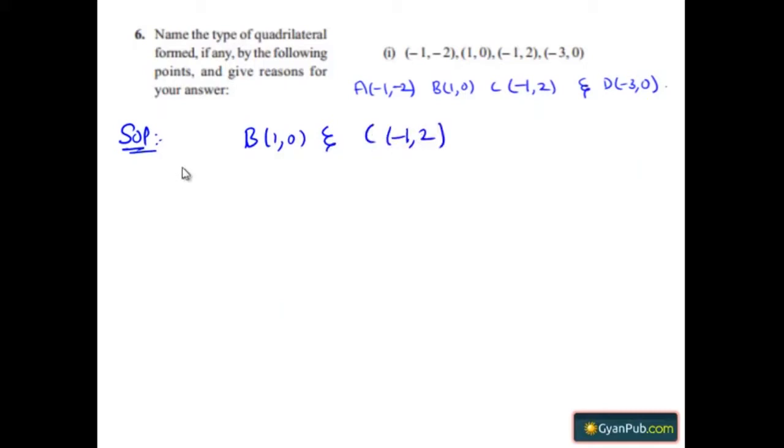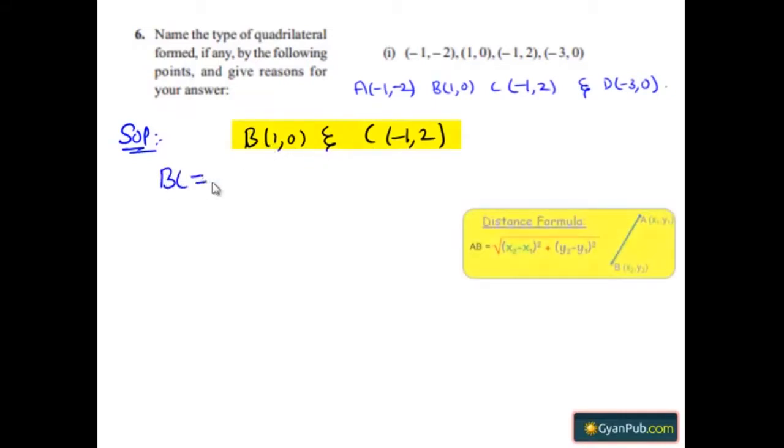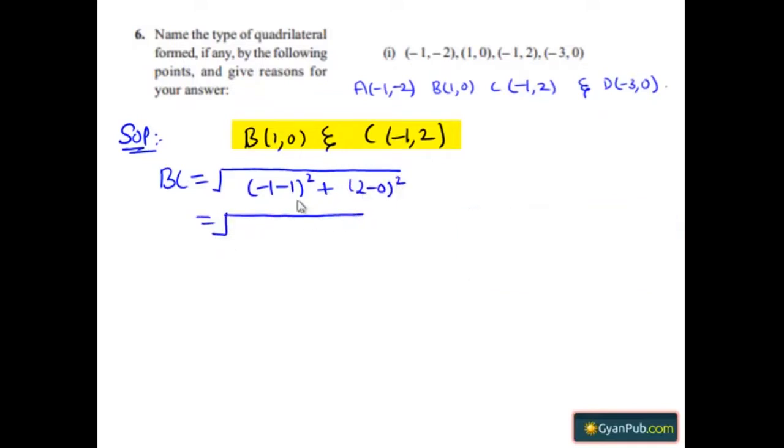Now by applying the distance formula to the points B and C, we get length BC equals under root of (-1 - 1) whole square plus (2 - 0) whole square, which is equal to under root of minus 1 minus 1 is minus 2, so (-2) whole square plus (2 - 0), that is 2 square, which is equal to under root of (-2) square is 4 plus 2 square is 4, that is equal to root 8, which is nothing but 2 root 2.